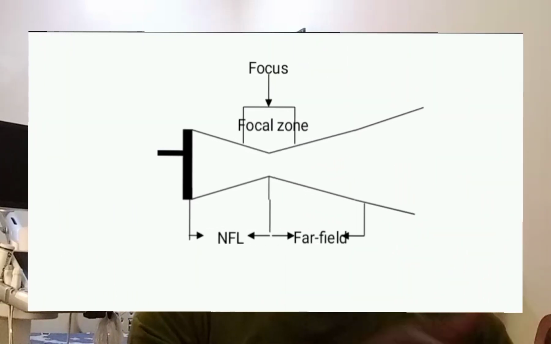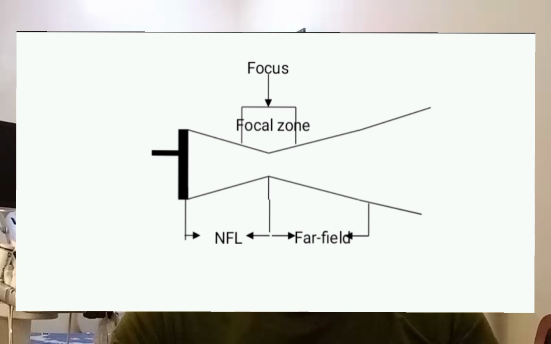At its starting point, it is exactly the same size as the diameter of the face of the transducer. The beam gets progressively narrower until it reaches the smallest diameter, then it diverges. A sound beam can be broken into the following components on this picture: the near field, the focal zone, and the far field.